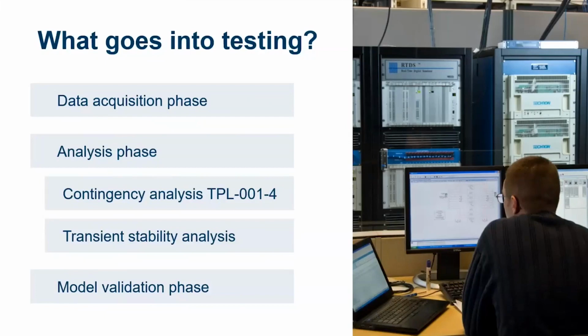In this phase, analysis is performed depending on the objective of the study. In some cases, load flow analysis or short circuit analysis is performed. And in other cases, TPL 001-4 contingency analysis, that is steady state and transient stability study, are performed using automated scripts. The outcome of these phases are then funneled into the model validation phase.